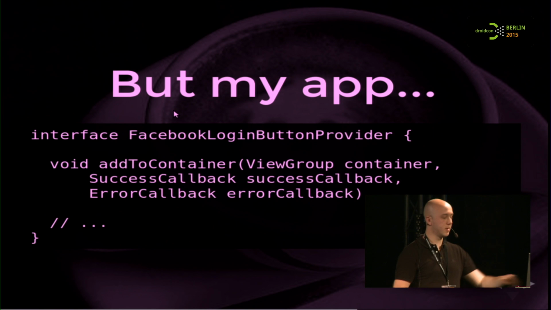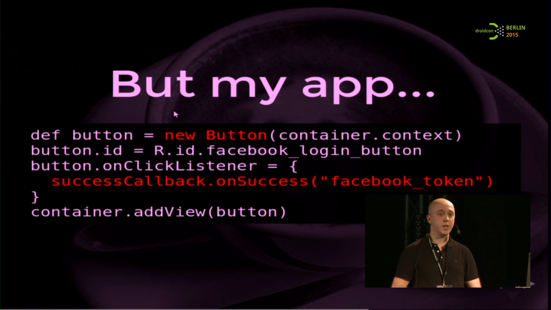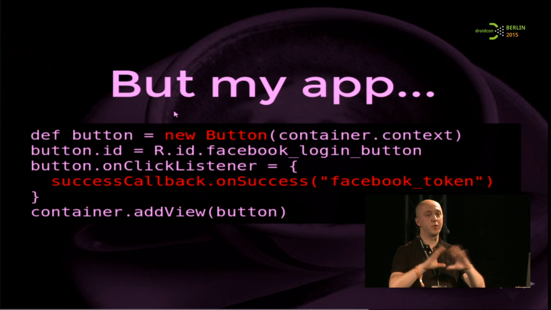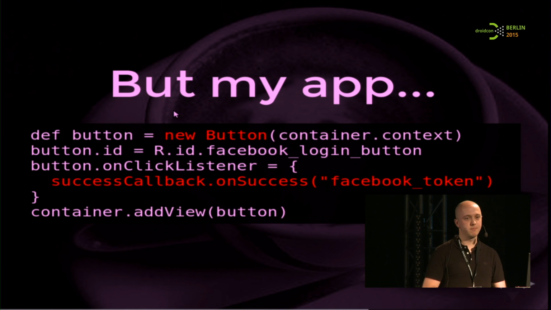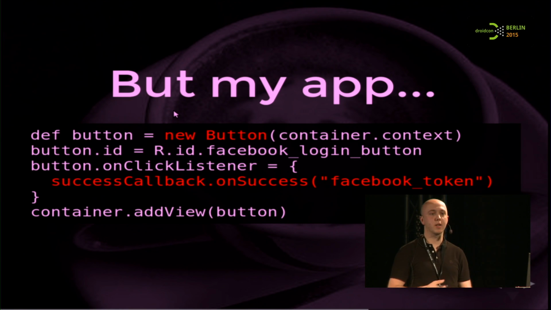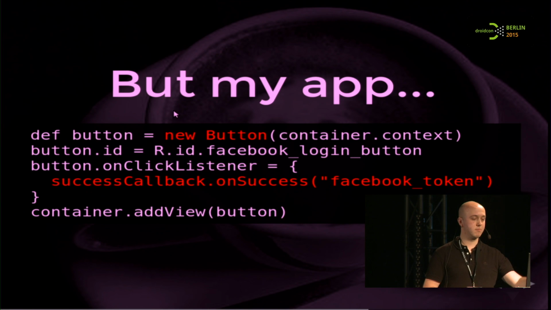In tests, we have another implementation that adds a normal button that on click just calls our callback instantly, so we won't have any lag, we won't have any connection to internet, to Facebook services, nothing like that. So basically it's the same case like the first one with REST client.